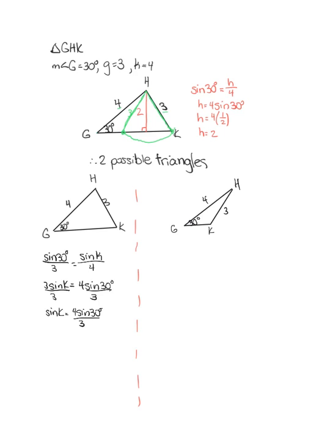Sine 30 again is just 1/2. So sine of K equals 2/3. Take the sine inverse of both sides.